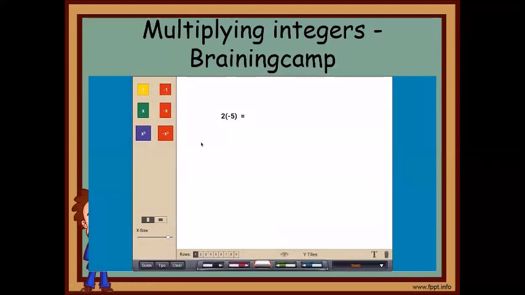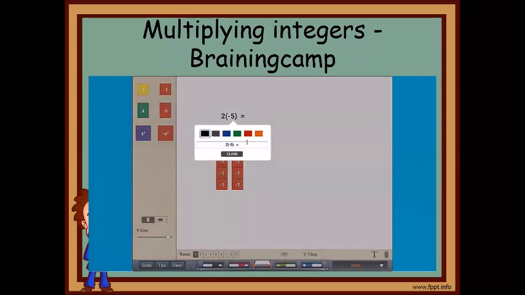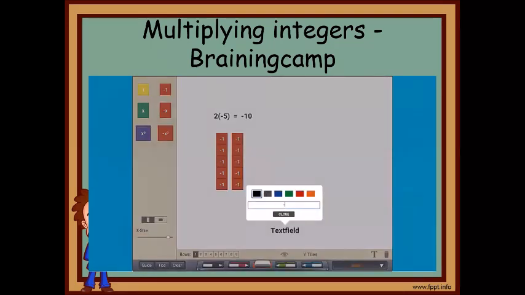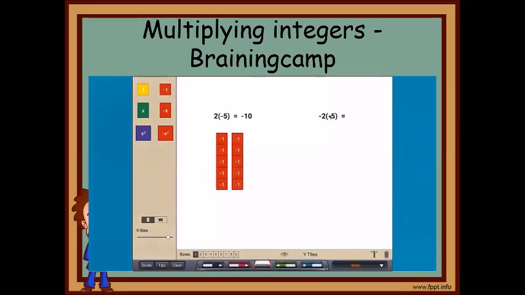Multiplication can be thought of as the first number telling how much to make of the second number. So 2 times -5 is like making 2 groups of -5. There are 10 negative unit tiles in total, so 2 times -5 equals -10. A negative first factor can be thought of as the first number telling how much to remove of the second number.